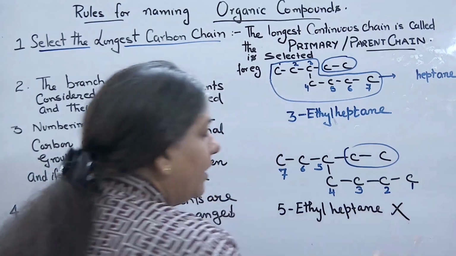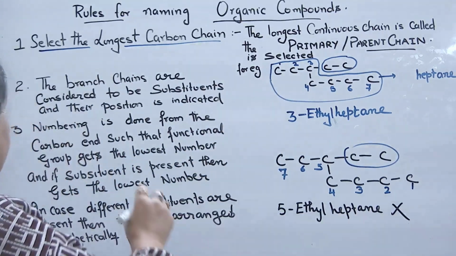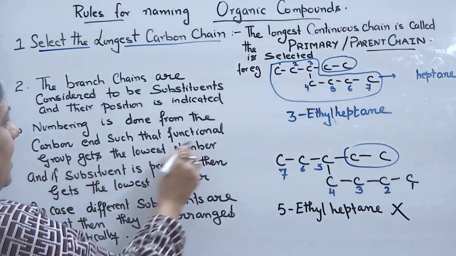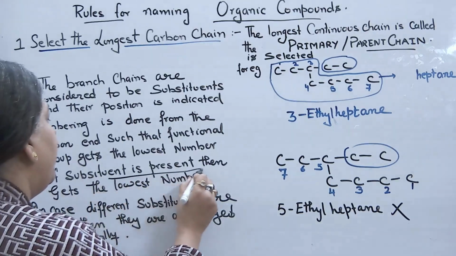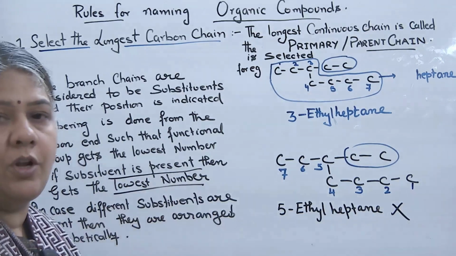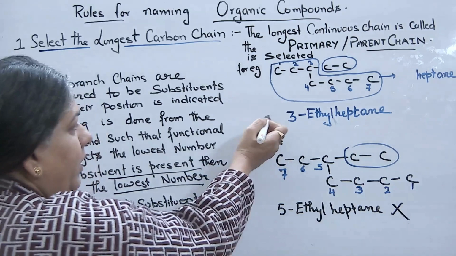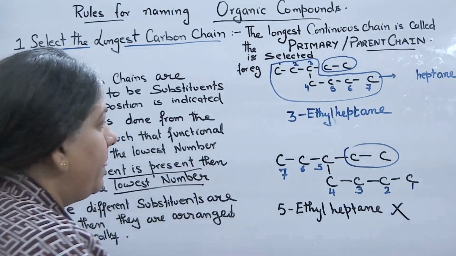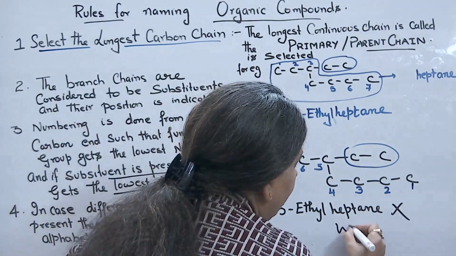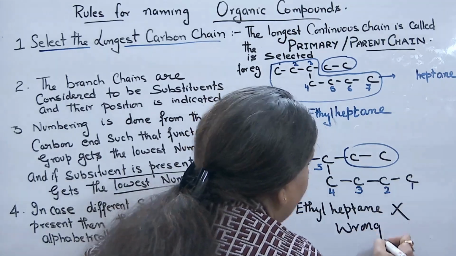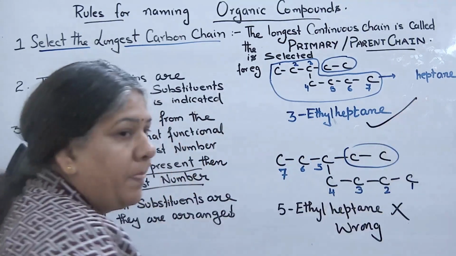And this will be wrong because the numbering is done from the end such that the substituent present gets the lowest number. So this rule has to be observed while naming. So this is wrong and this is correct.